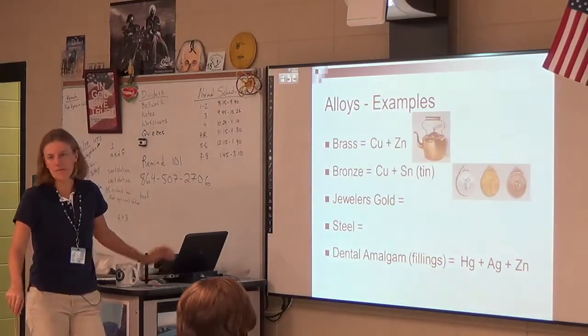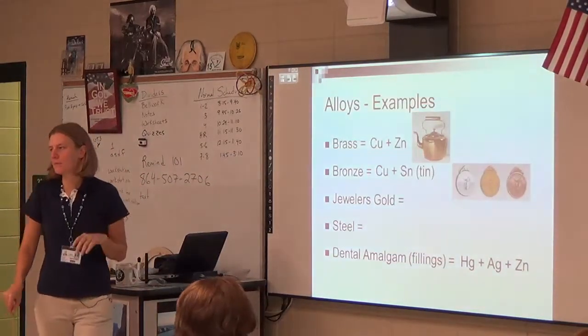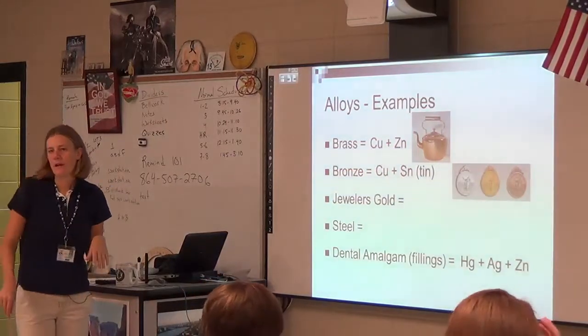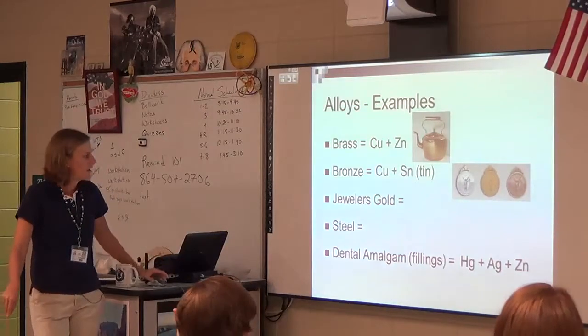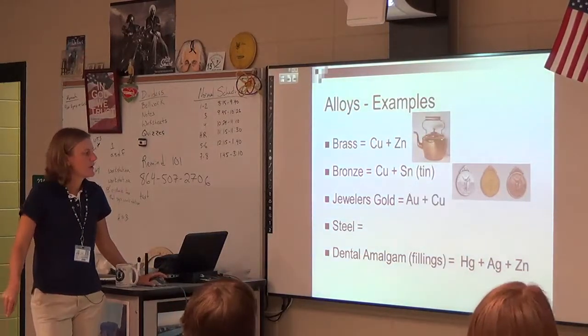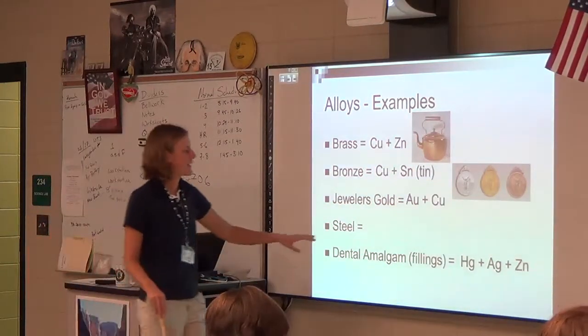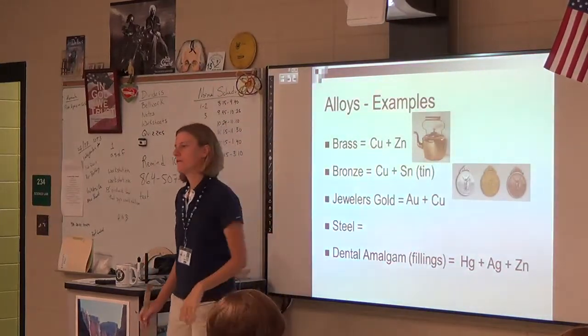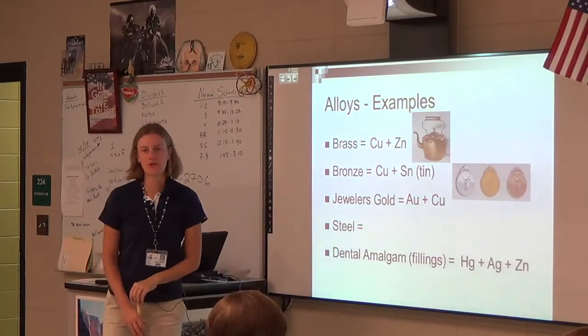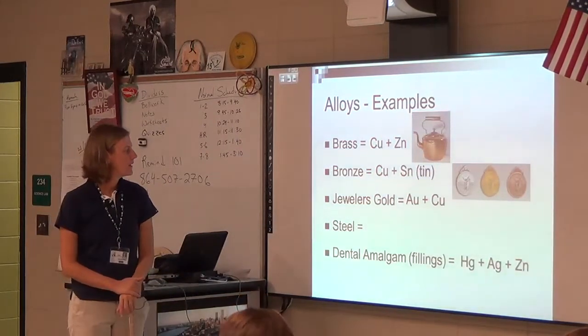Jeweler's gold. If you have gold jewelry, it's not going to be pure gold. It's going to be gold and silver. Well, silver's kind of soft too. And copper for yellow gold. Then there's white gold. There's different types of gold too that might have some nickel in there.